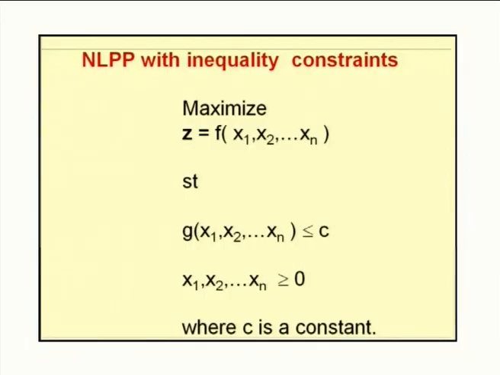In particular, in this session we consider a nonlinear programming problem with a single inequality constraint. Consider the nonlinear programming problem of maximizing z equal to f of x1, x2, ..., xn subject to the constraint g of x1, x2, ..., xn less than or equal to c, where c is a constant and the decision variables x1, x2, ..., xn are non-negative.